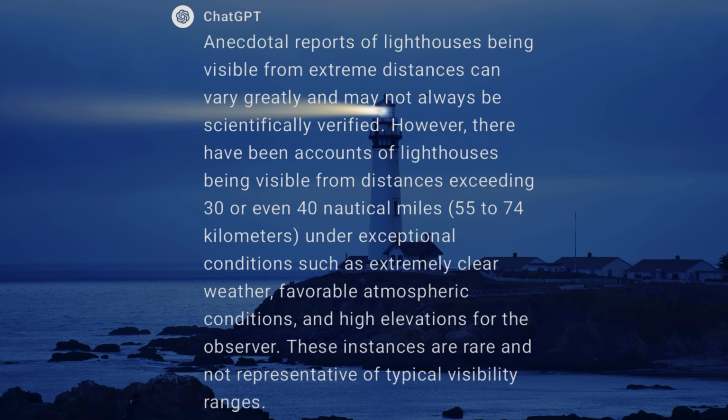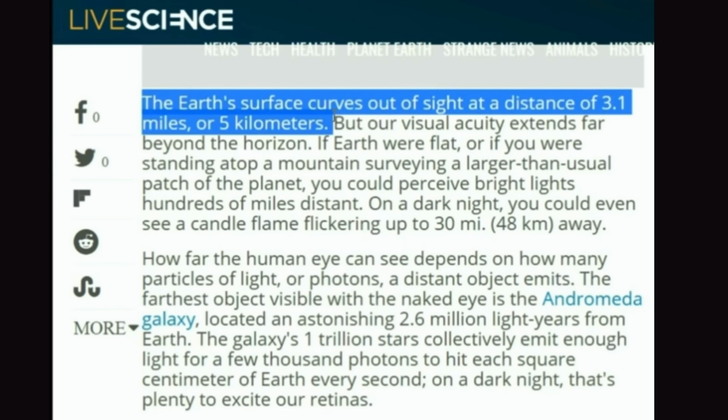Under exceptional conditions such as extremely clear weather, favorable atmospheric conditions and high elevations for the observer. These instances are rare and not representative of typical visibility ranges. But the point is that it did happen before, that they were visible from such a distance. So again, this article is not very scientific in my humble opinion.